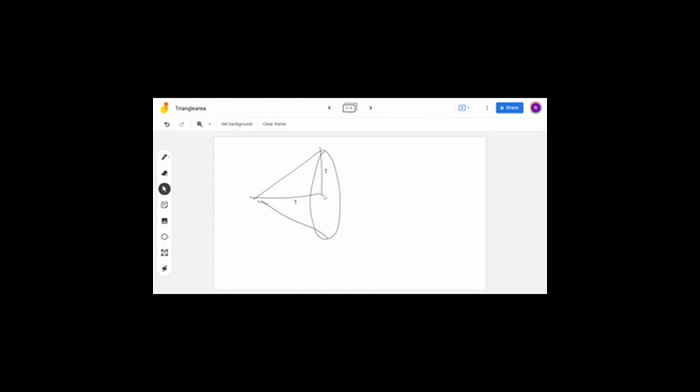Now, this is the triangle. But now this is the square. This was the 1 by 1 square, right? Now, if I rotate the 1 by 1 square around the horizontal axis, what will I get? If I rotate the whole square around this axis, what will I get?